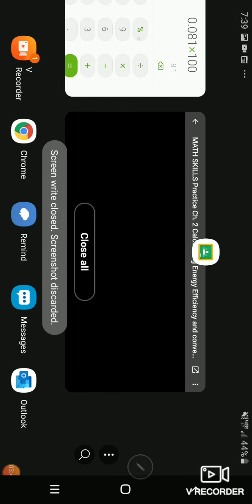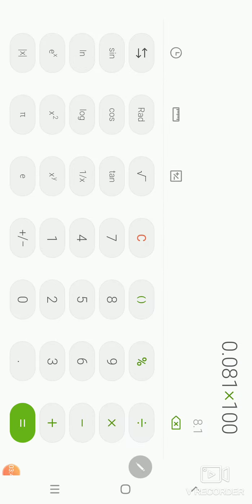So 0.6 times 0.9 times 0.05. Go back to our calculator, clear this one out, and we do 0.6 times 0.9 times 0.05.